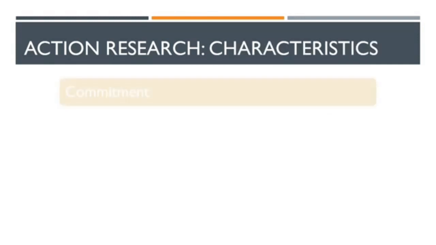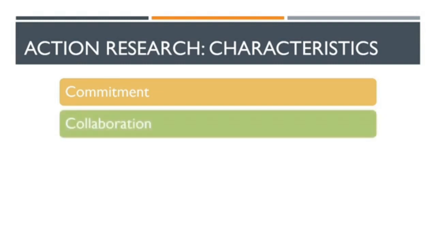Let's have a look at characteristics of the research. The first one is commitment, which means the researcher should be committed to the research work. The second one is collaboration. It is a collaborative process. There should be collaboration between researcher and the sample.